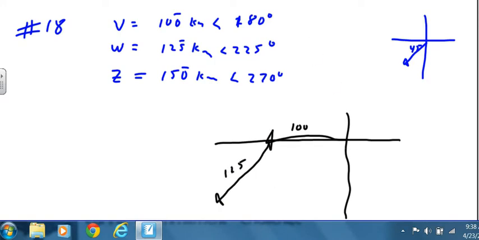So that means I want to know that magnitude in that direction. Okay, so I need to know this interior angle, and that would be 180 minus 45. This is 225 that way, right? This is 45, so that's 135. So 135 would be that interior angle.